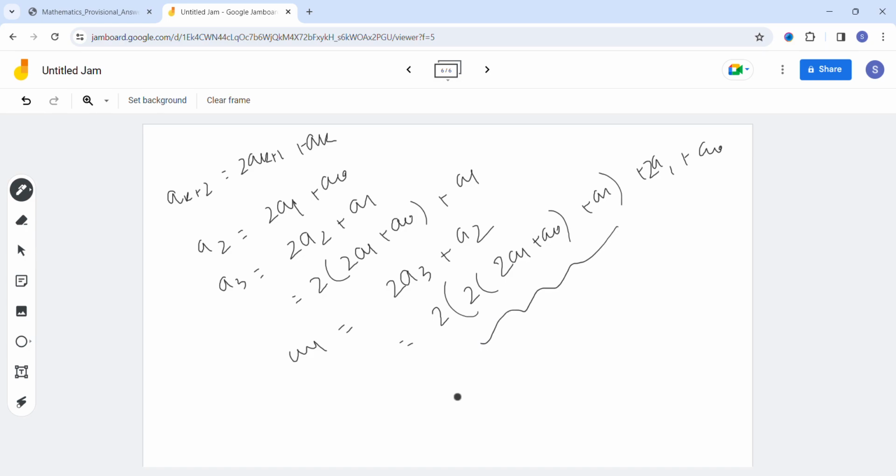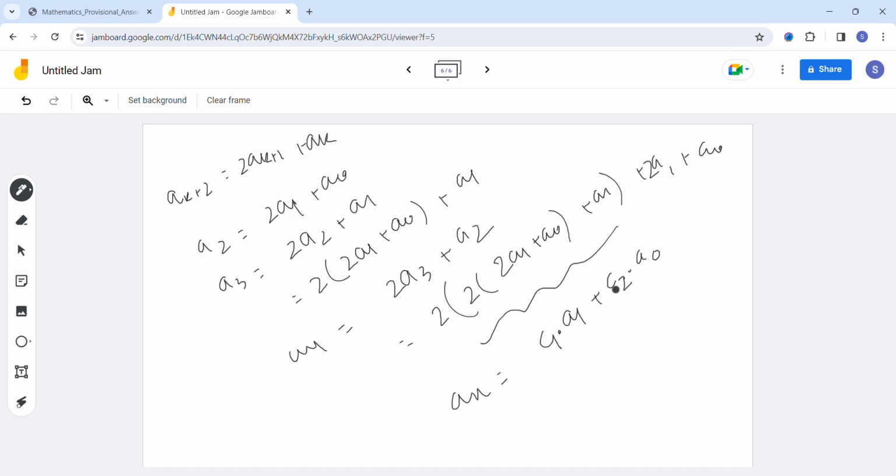So basically any an is C1 times a1 plus C2 times a0 for some real numbers C1 and C2. That means, since this is a recurrence relation, if you fix the values of a0 and a1, then you will have all the values of the other terms an.